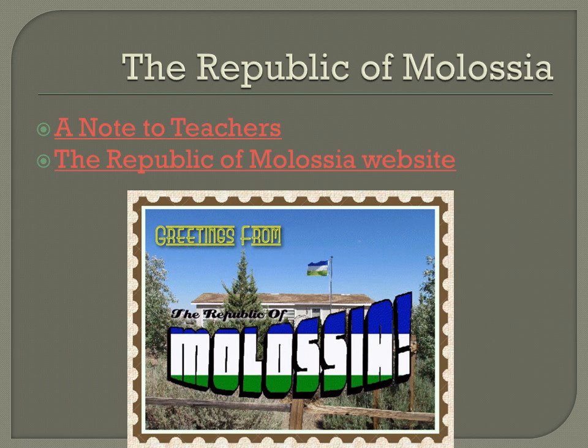And so the two links that are there are two links to the actual website called malaysia.org. There's actually a note for teachers regarding the use of Malaysia as a fake website and their opinions on that. But then the actual official Republic of Malaysia website has some great pieces of information.